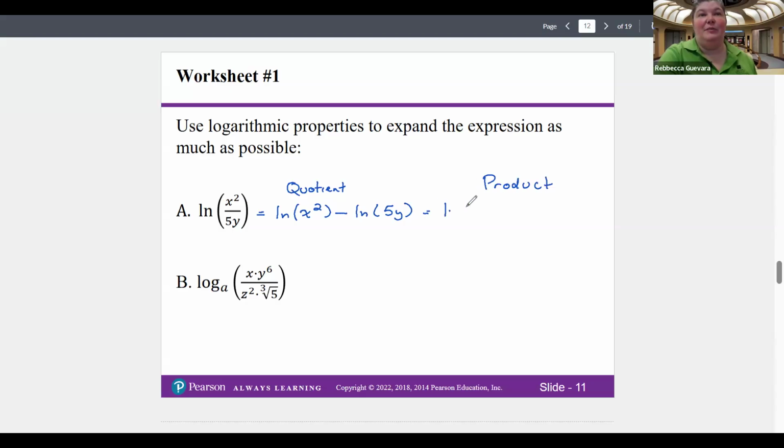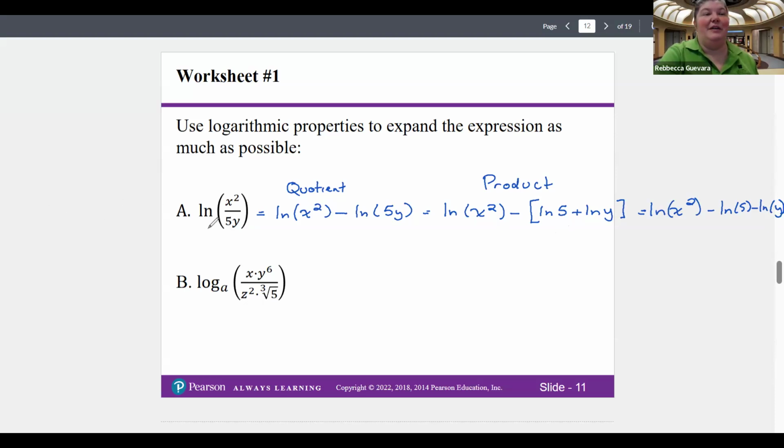So we still keep natural log of x squared, but we have this minus, and we have this product of 5 and y. So we do natural log of 5 plus natural log of y. But we had a negative out front of everything. So when this simplifies, we actually have natural log of x squared minus natural log of 5 minus natural log of y.